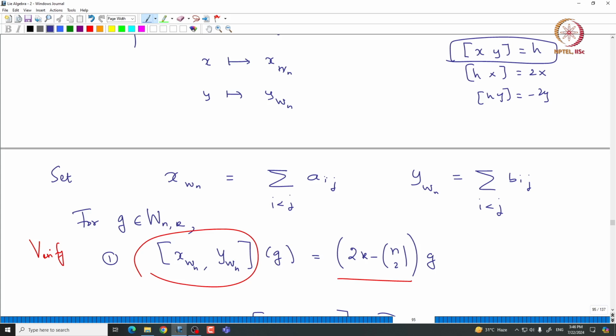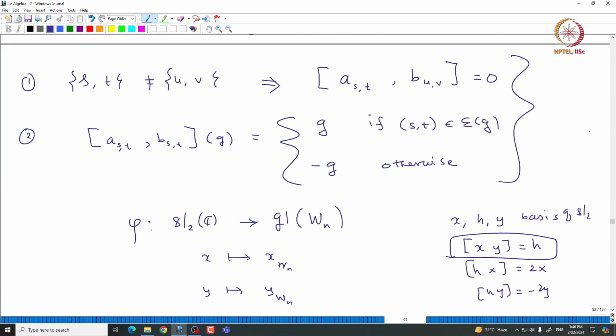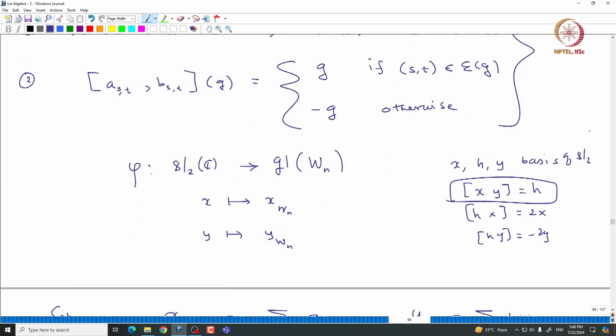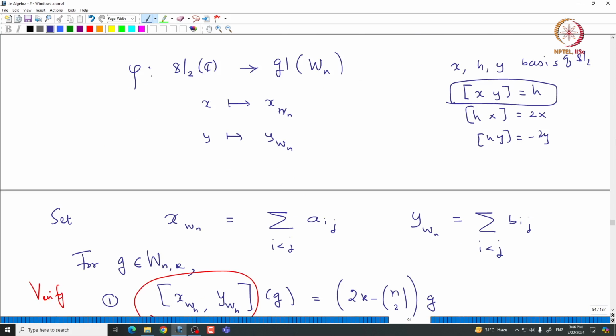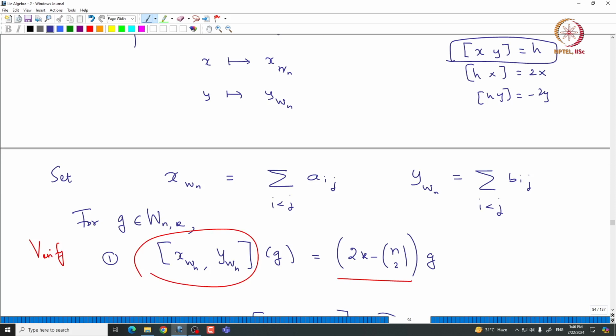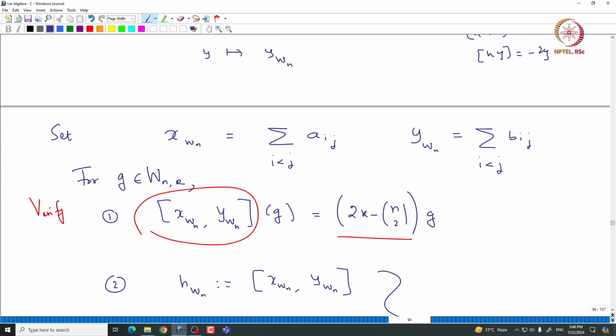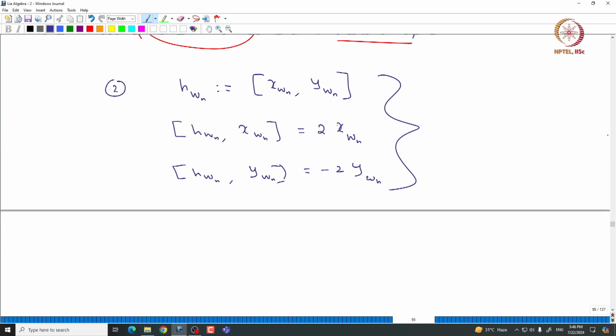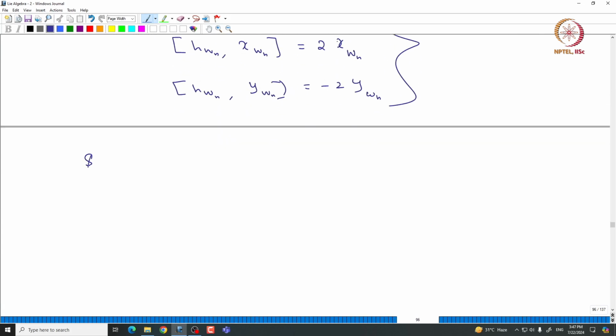Because everything is defined using these A_ij and B_ij, it is easy to see that A_ij, B_ij commute with the action of S_n. Because the operators X and Y are defined using the sum of A_ij and sum of B_ij, both operators naturally commute with the action of S_n, and similarly H_n also commutes with the action of S_n. So, in particular the sl2 action on W_n commutes with the S_n action.